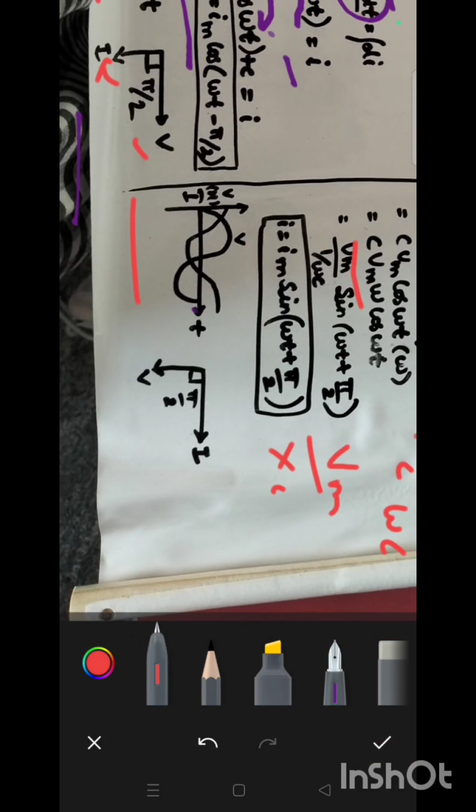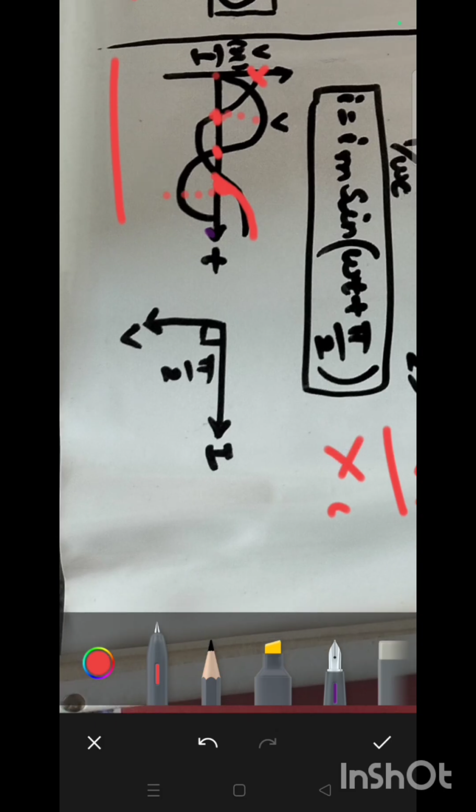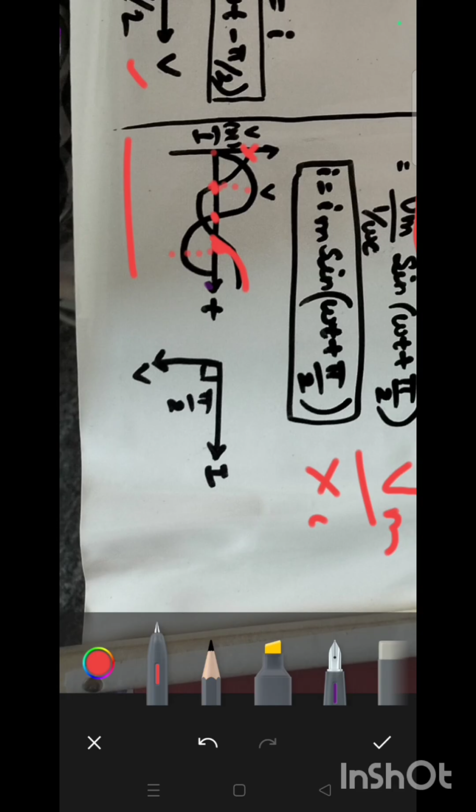So here voltage is in the same phase, but current leads voltage by pi by 2. This is 0, this is pi by 2, this is pi. Sorry, here it is actually 3 pi by 2. At 90 degree, it varies. So the phasor diagram shows here that current leads voltage by pi by 2.